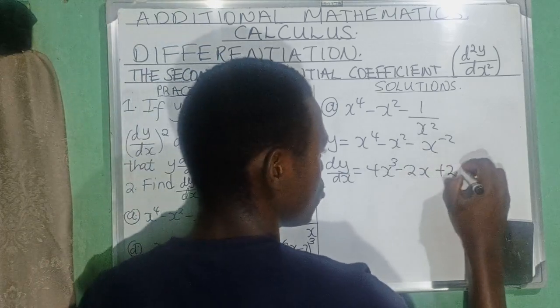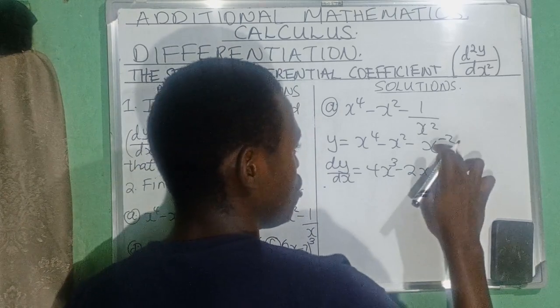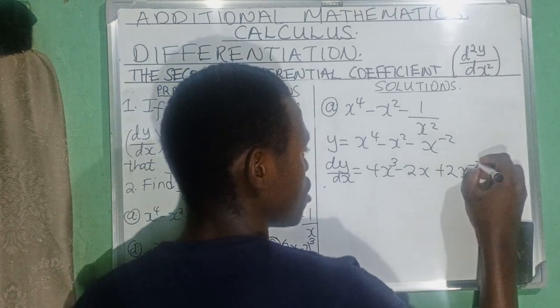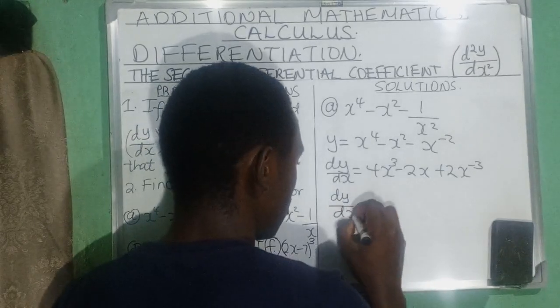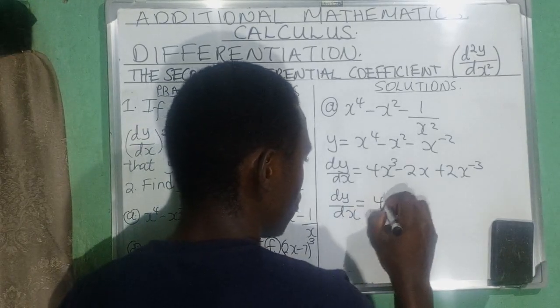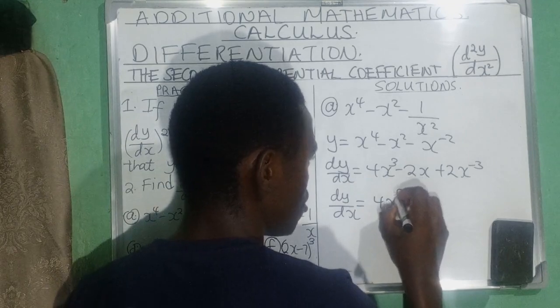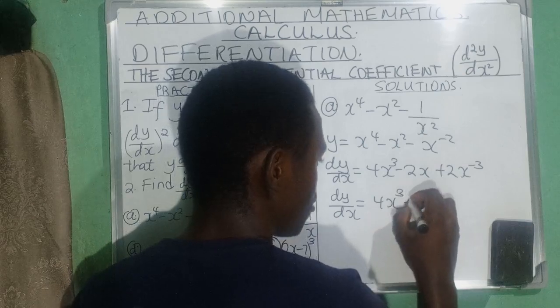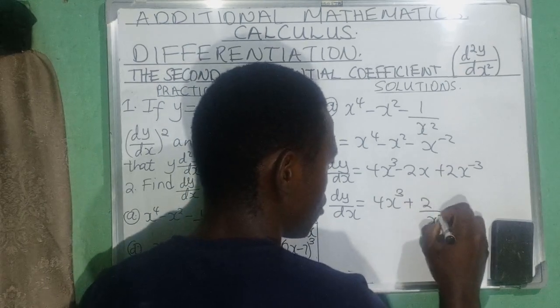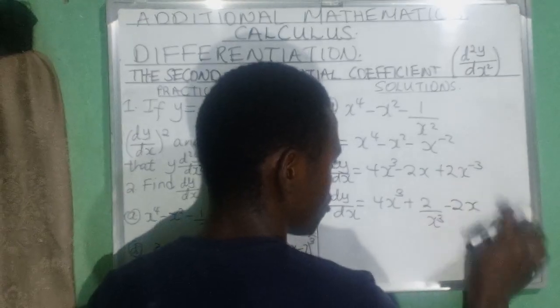Then plus 2x to the power negative 2 minus 1, which is going to be negative 3. So our dy/dx is going to be equal to 4x to the power 3 and then plus 2 over x to the power 3 minus 2x.